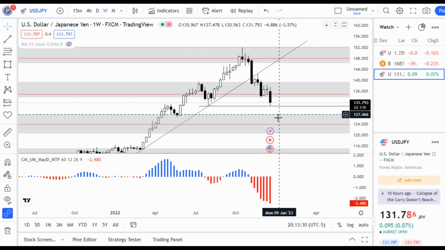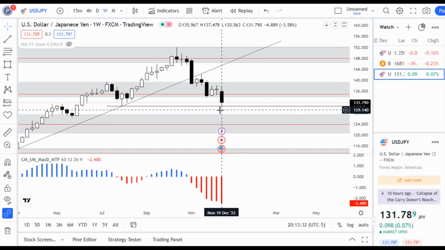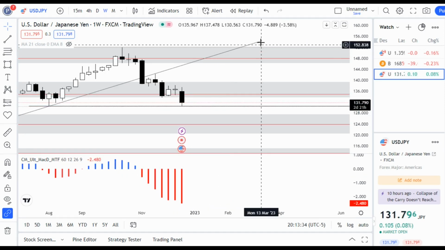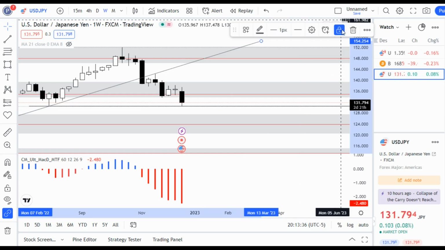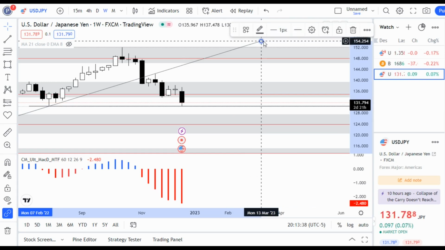Okay, so without forcing it, we've gotten our trend line nicely and very easily here. So let's try to get an accurate trend line here.